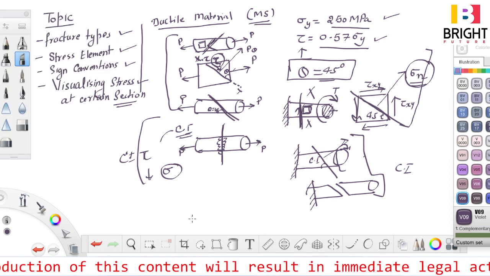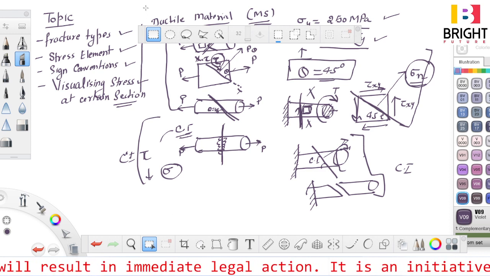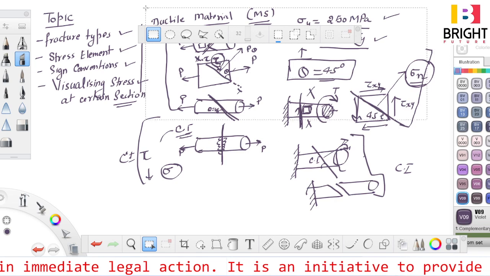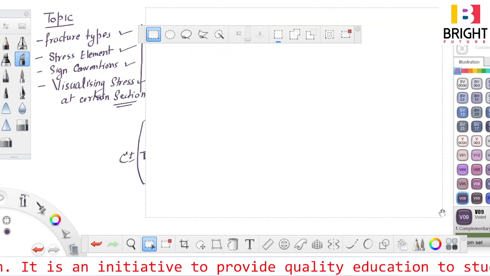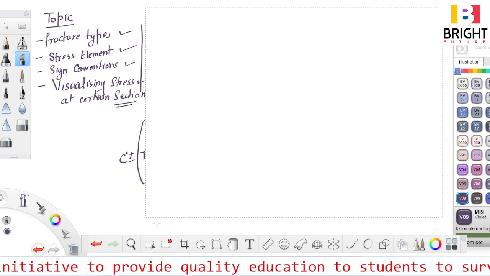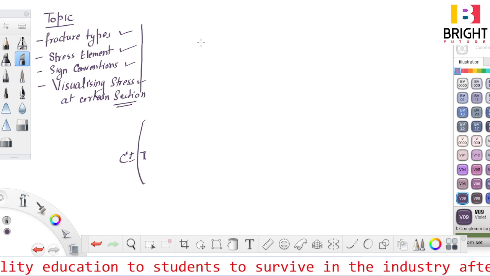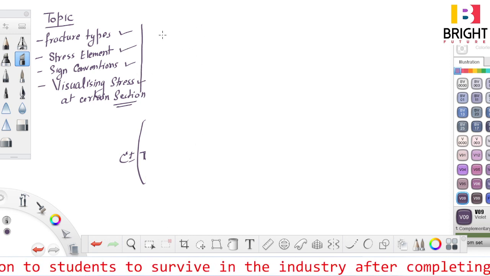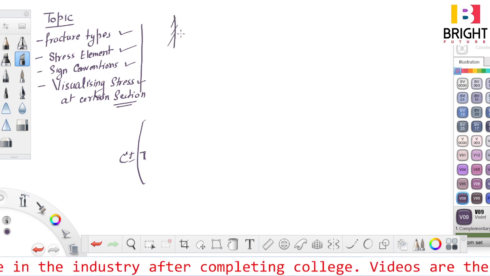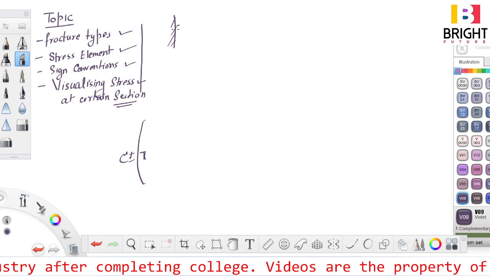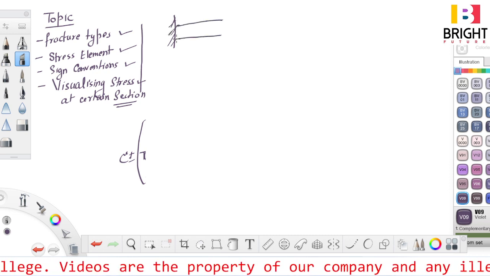Before that, let me clear it. Right now, what is a stress element? Actually, let this be our machine element like this.